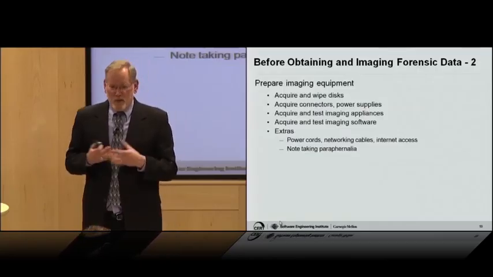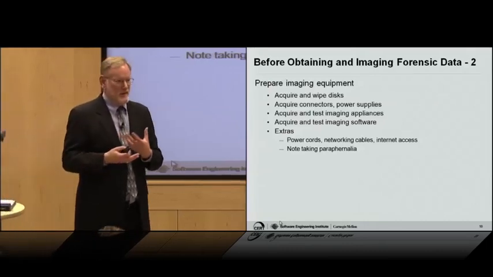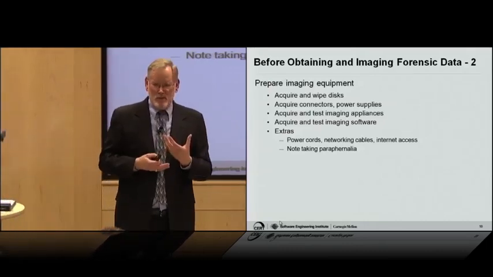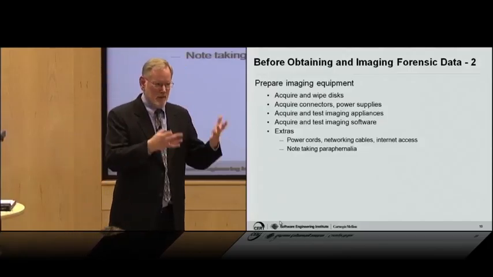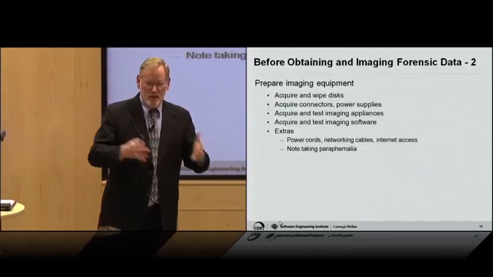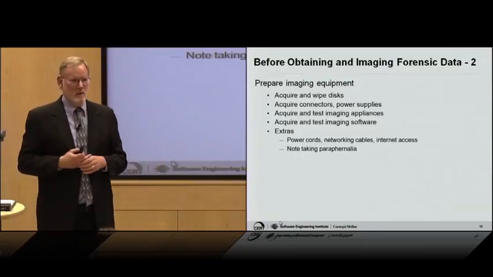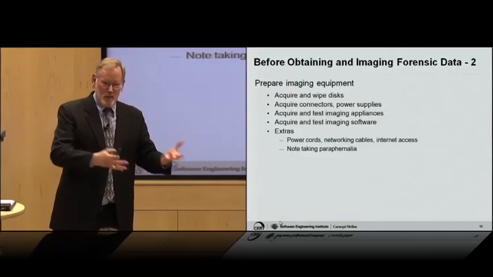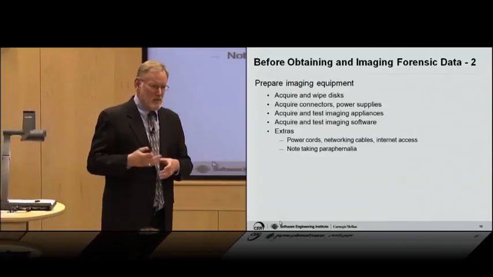So the first task is, once this process has begun, now you have authority, now you're actually going to go out and do some amount of imaging. Imaging means taking a bit-by-bit copy of something, taking an image, and taking that image back to do some investigation. If you're taking an image, you've got to put it somewhere. Typically, that's a disk. So you need disks.